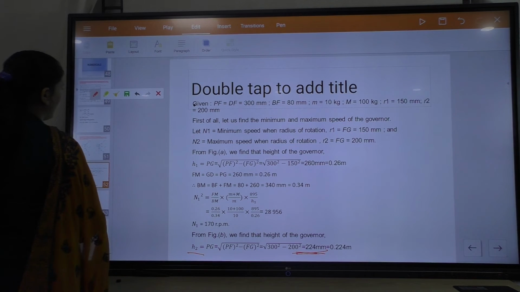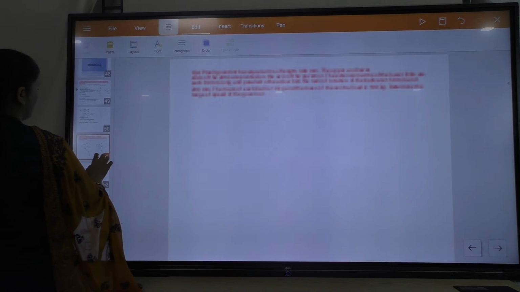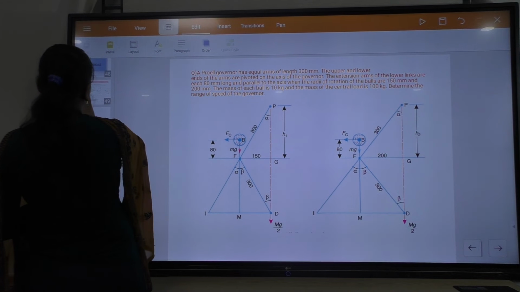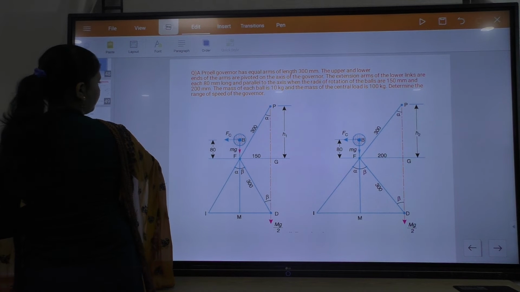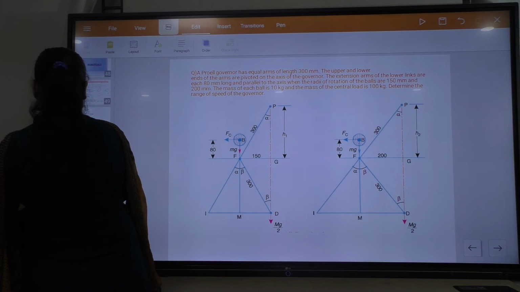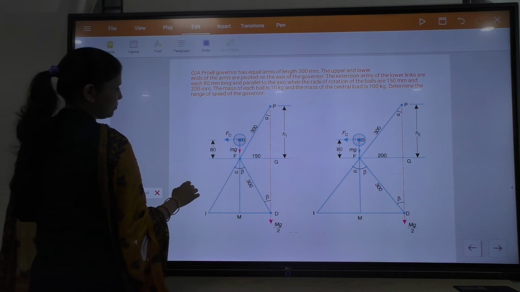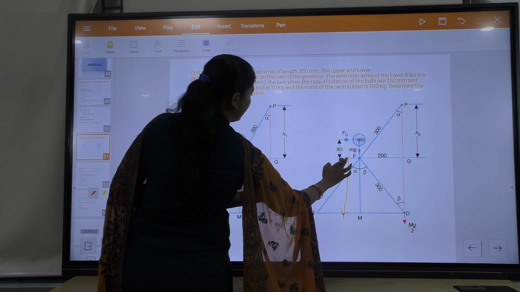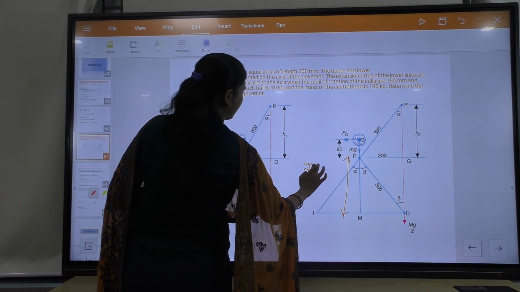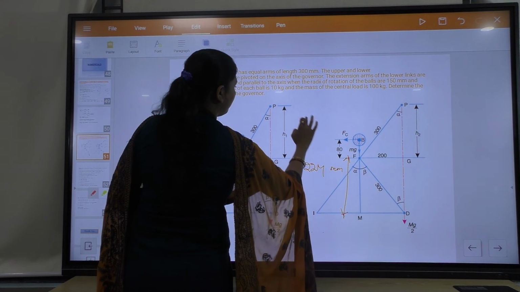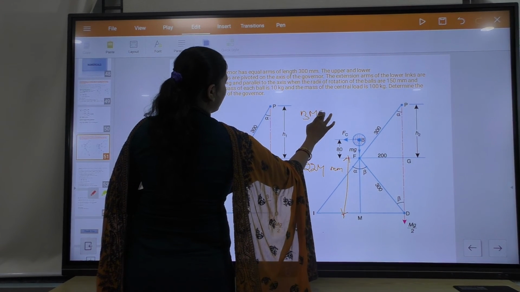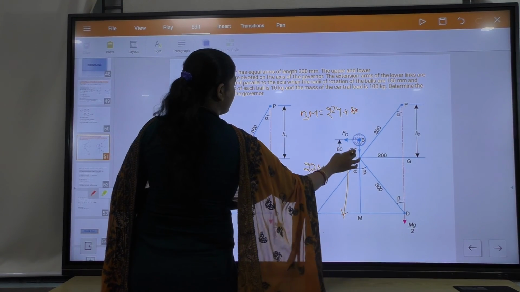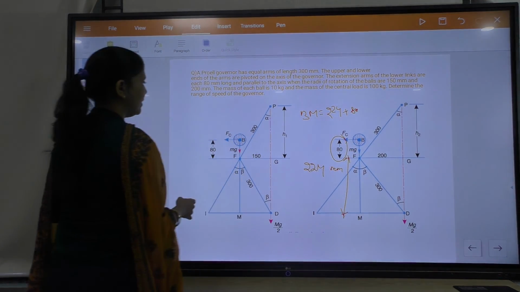Okay. So now the value of Fm in this diagram will be 224 mm. This Fm is 224 mm and Bm will be equal to 224 plus 80 mm, because this extended arm length is 80 mm.